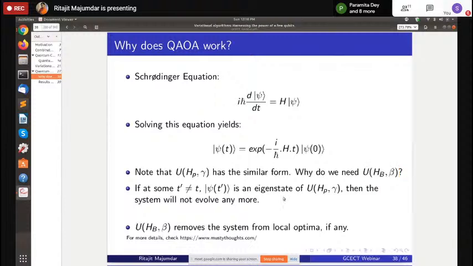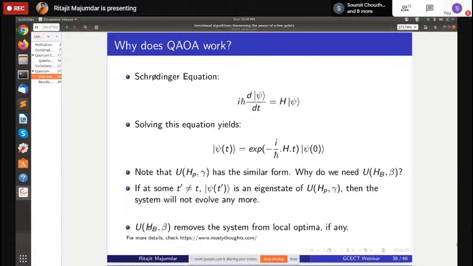local optima. Good. So now that you know that, a question can come to your mind. This seems very similar to simulated annealing. What we do in simulated annealing is that we want to avoid local minima and settle down in a global minimum.